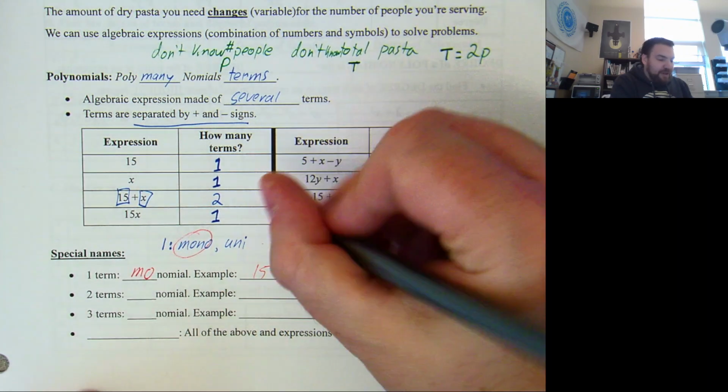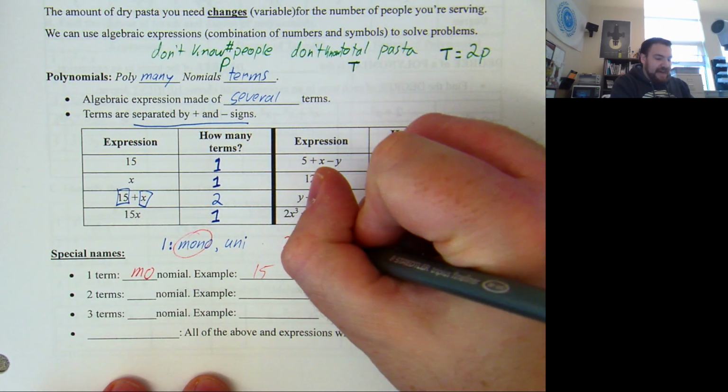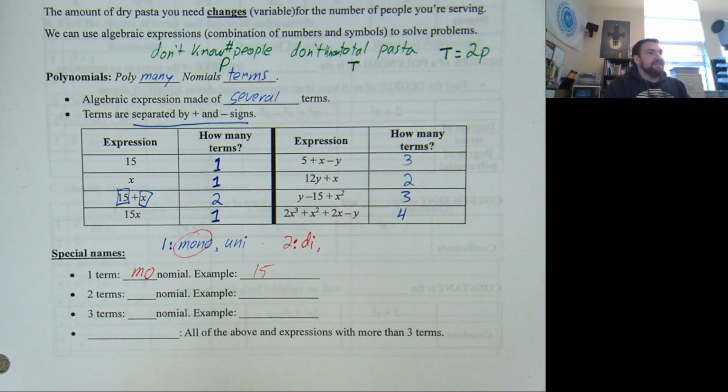How about 2? There are 2 terms that we use as prefixes for 2 of something. One of them is di, and the other one is, if I have a cycle with 2 wheels, that's called a bicycle.